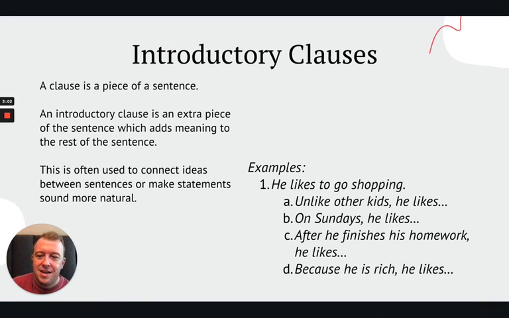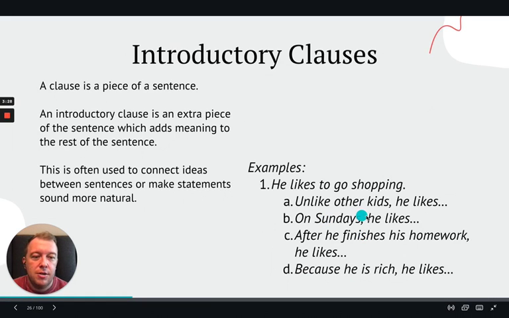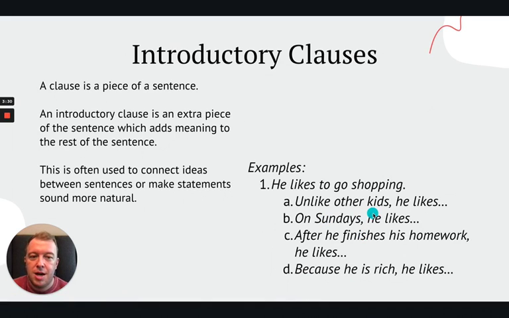Now, tell me if you can spot how this changes the sentence. What kind of information are we adding here? Take just a second to think about it. One thing that I hope you notice is that it's actually very flexible what information we're adding. Unlike other kids, he likes to go shopping.